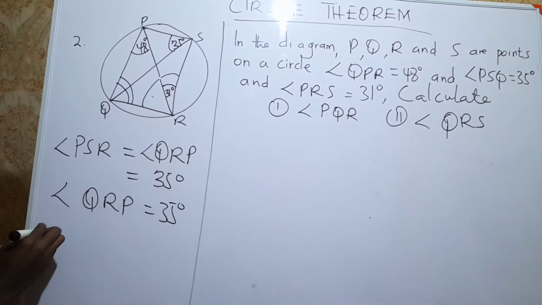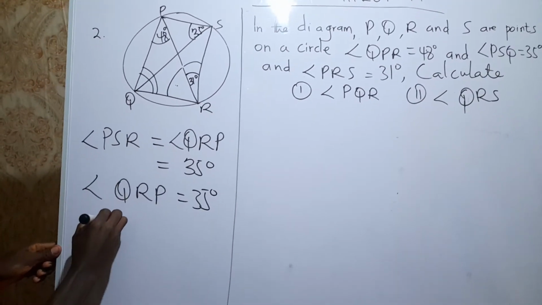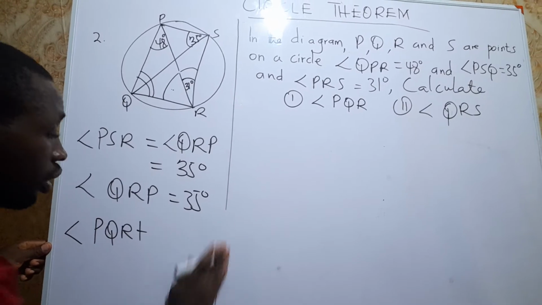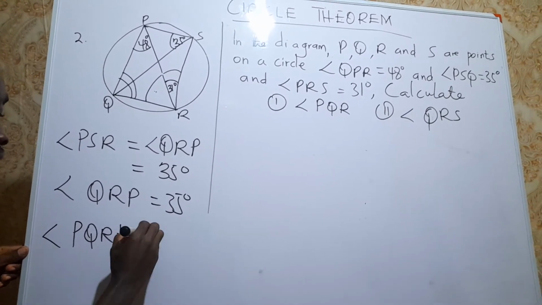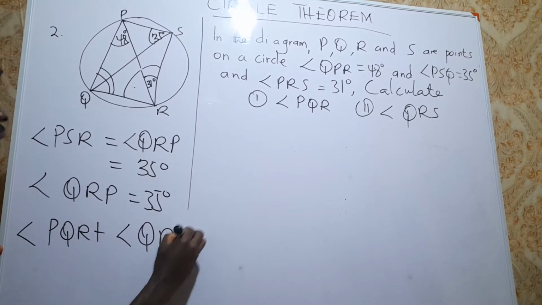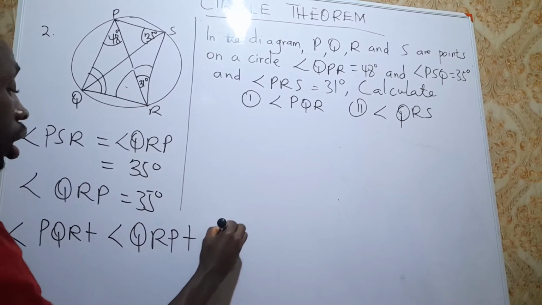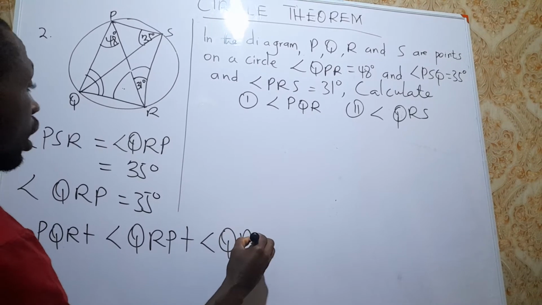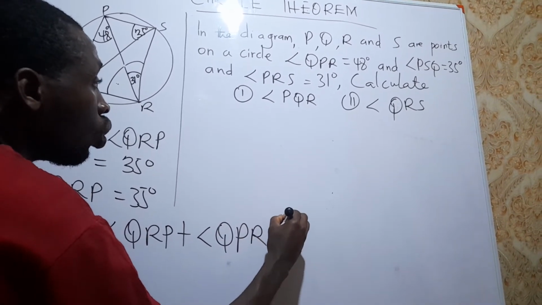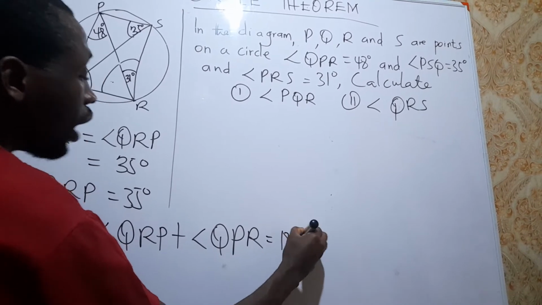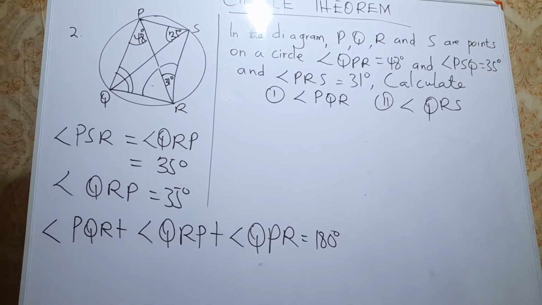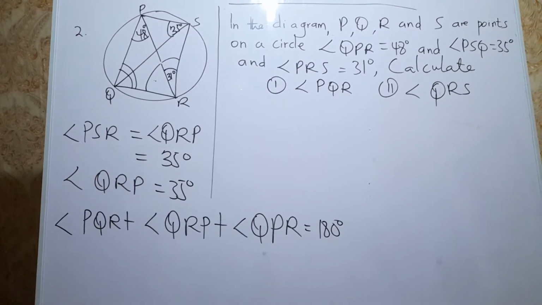So we say that our angle PQR plus angle QRP plus angle QPR will be equal to 180 degrees. That's the sum of interior angles of a triangle from plane geometry.